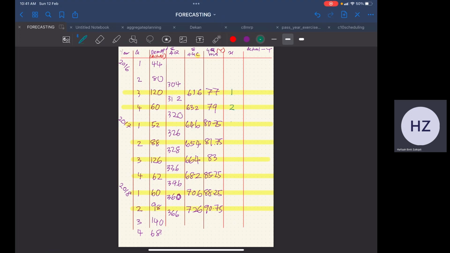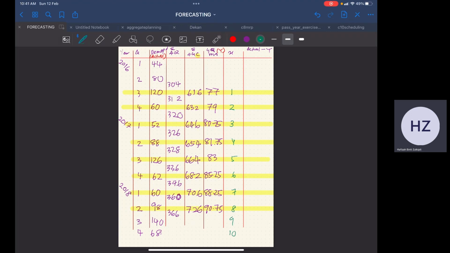X represents 1, 2, 3, 4, 5, 6, 7, 8, up until this is 9, this is 10. Okay, and then the actual. So the actual minus Y is the value of the seasonality later on.